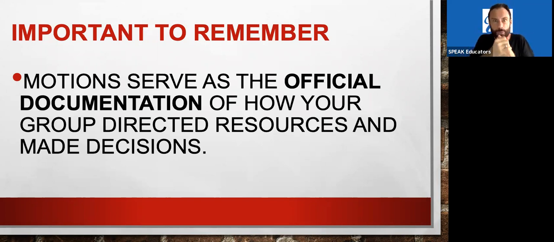So it's particularly important for you as an organization to document both the motion, in other words, the way the group was directed to action, as well as the vote on it, because that's what authorizes the organization to use resources, spend money, and make decisions in moving forward. I want you to take that seriously. You should really have a motion, especially when you're directing the officers to use resources in the group.